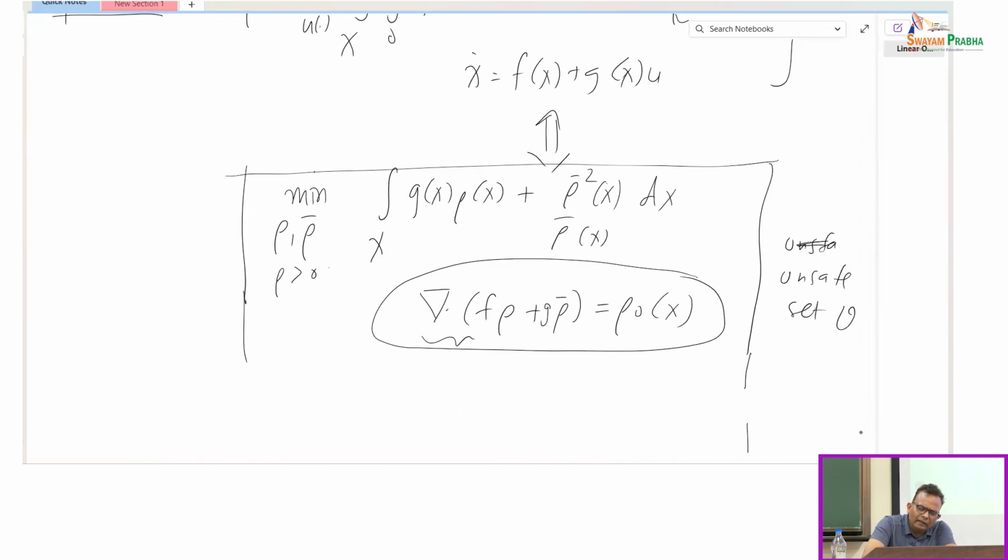Then I will add one more constraint, saying that the integral of rho of X dx on the set O is equal to 0. So this is again a linear constraint, and that's how it becomes a convex problem. So safety constraints can be incorporated in this framework very nicely.